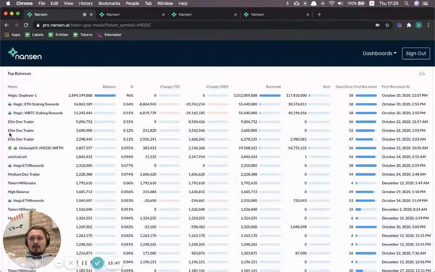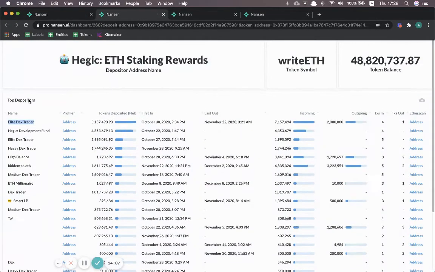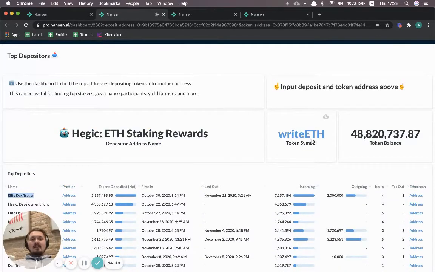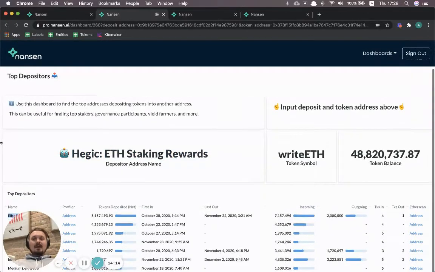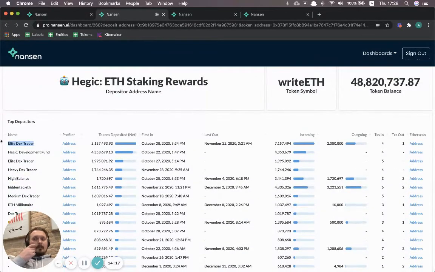By the way, one thing you can look at is the ETH staking rewards contract again, but now we're looking at rHEGIC, right? So why don't we look at who's been receiving rHEGIC tokens from the staking rewards? This is almost the same as what we looked at before. Here we saw who's been depositing rETH into the staking rewards contract. Basically it shows us who is staking right now.